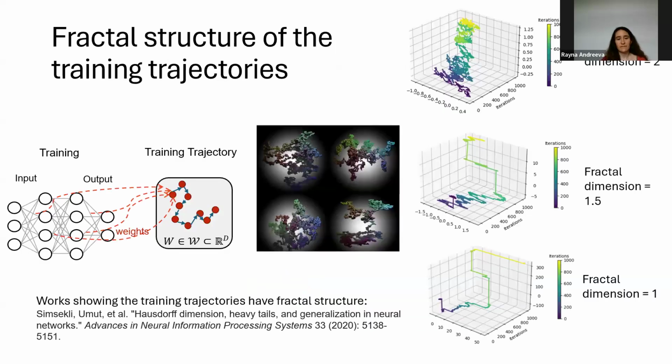There have been previous works showing that these training trajectories have a fractal dimension. So if we focus on the example on the right, when the fractal dimension is small, this trajectory is quite simplified, and as you increase the fractal dimension, the complexity of the trajectories increases, and you have this quite chaotic trajectory.